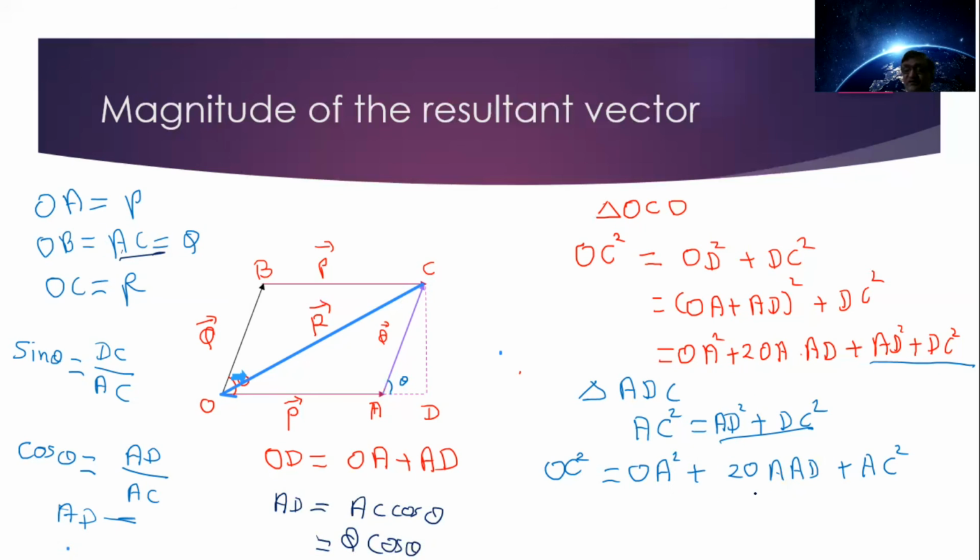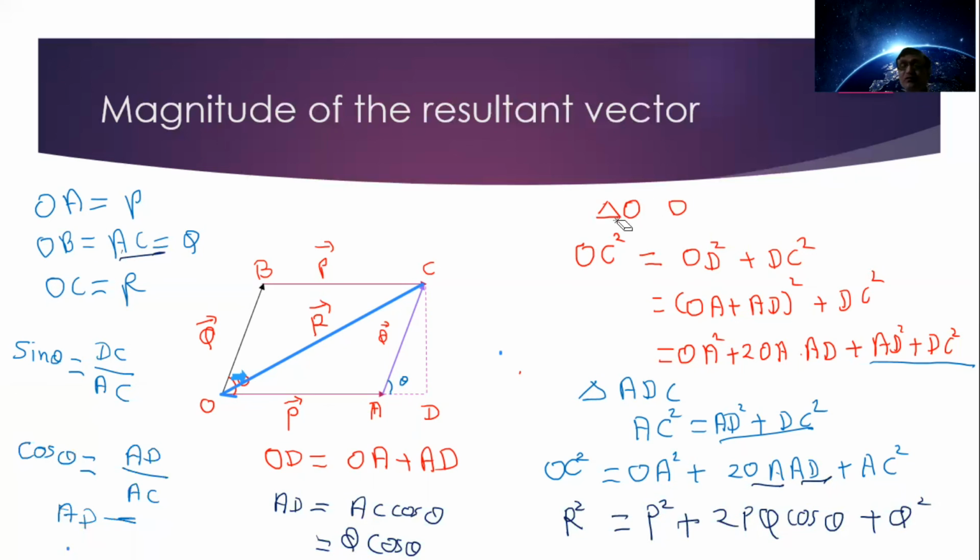Put all these values here. OC means R, therefore R square is equal to OA square, that is P square, plus twice OA, that is P, into AD, that is Q cos theta, plus AC square, that is Q square.